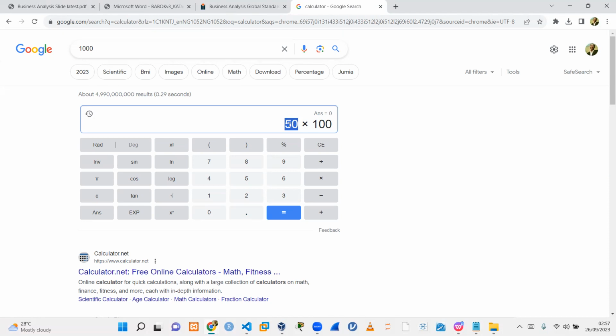So if we want to look at some metrics, don't forget we've spent $1,000. So we're trying to say 50 times 100, we're going to get $5,000, but that's not the point. Your gross sales does not amount to your gross profit, does not amount to value. Yes, you have 100 customers in your net.